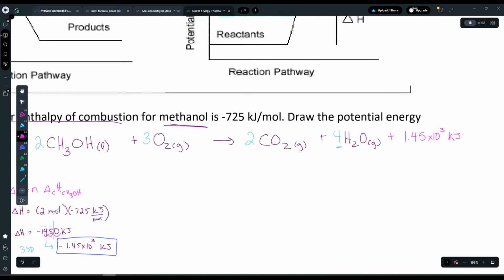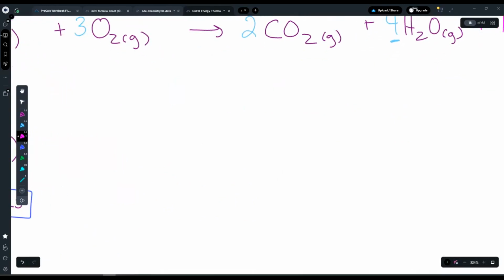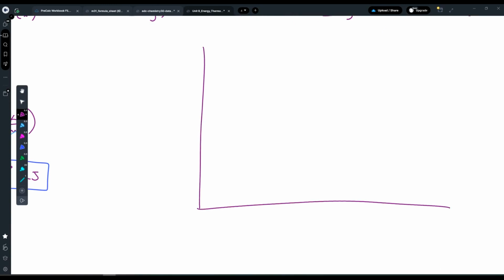Okay, now we get to actually draw the potential energy diagram. So let's start that out. So our y-axis is potential energy, or change in enthalpy. Then the x-axis is reaction progress.